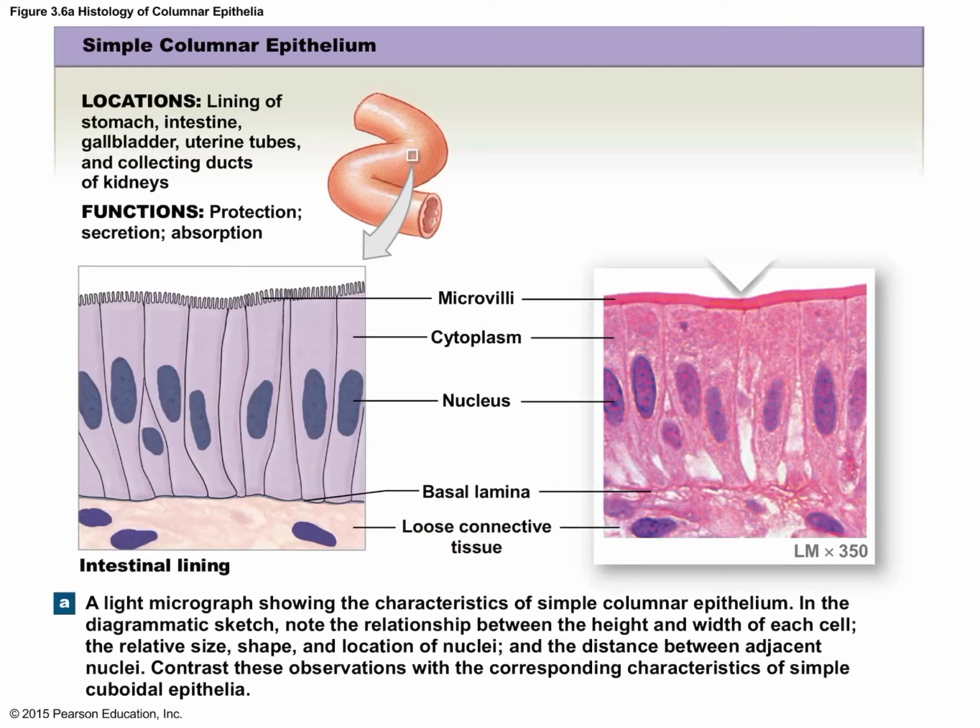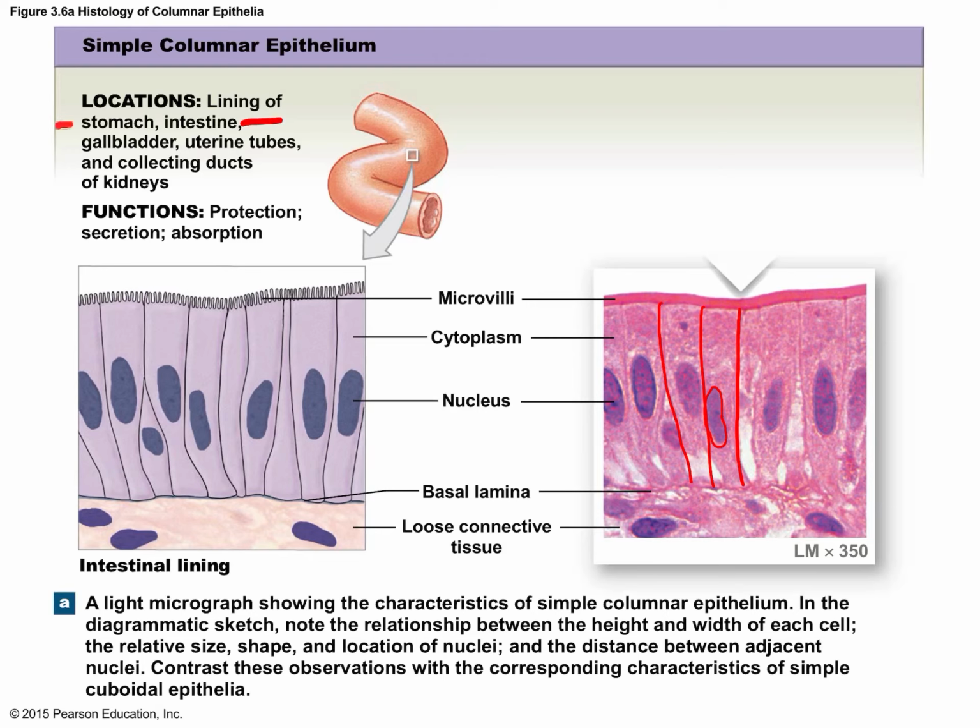simple columnar. So now you see how the nuclei look very different, right? They're oval shaped, and the cells are very tall, long cells like a column. These cells are very, very common in your digestive tract. So if you want to memorize digestive tract, the intestine is a great place to say where you find simple columnar cells.